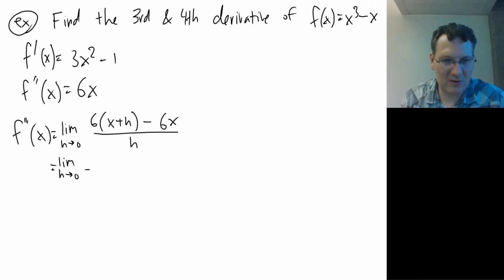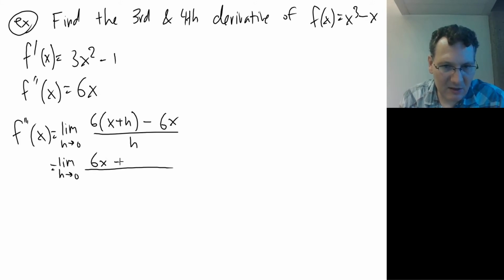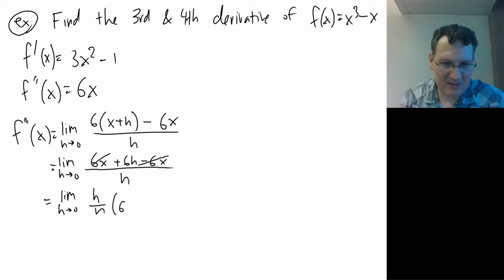I'm just going to distribute this 6. We have 6x plus 6h minus the 6x, over h. And the 6x's are gone. So this is the limit as h goes to 0 of h over h times 6. The h's are gone, so the limit is just 6.